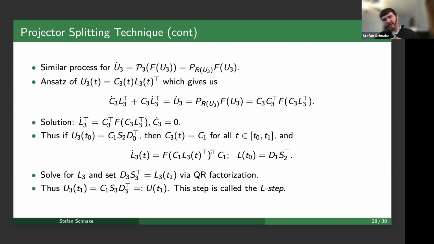So before, in the first step, we fixed D and evolved the dynamics, then we went backwards to get S, and now we're going to go forwards finally to get D. So when you evolve L to time T1, you get a D3 times an S3 transpose. So then that finally gives you a solution as C1 times S3 times D3, and that will be your actual approximation at the time step T1.